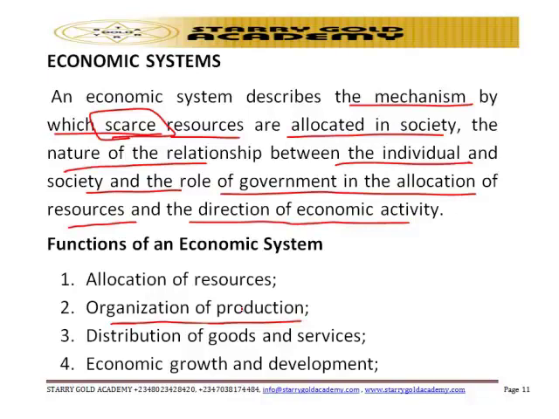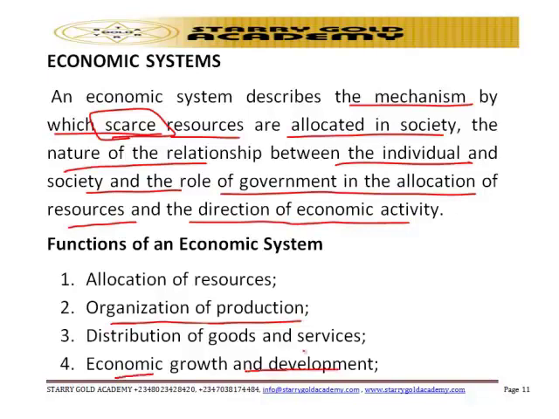Where an economic system exists in a nation and is functioning well, it is going to facilitate and enhance the distribution of goods and services produced in such an economy. The fourth point is economic growth and development.